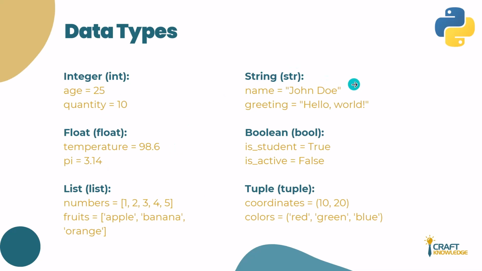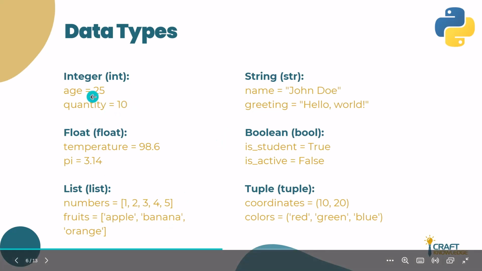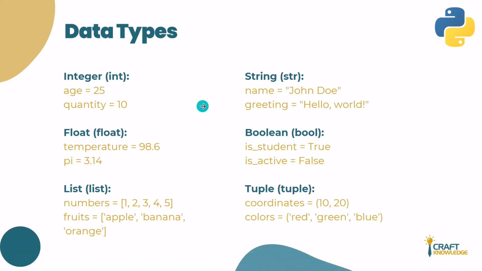In string we can only store one sequence of characters, not one character but one sequence of characters. But what if we want to store multiple sequences of characters? What if we want to store multiple integers? What if we want to store integers and multiple sequences of characters and multiple float values as well? Then we have list that comes into play.